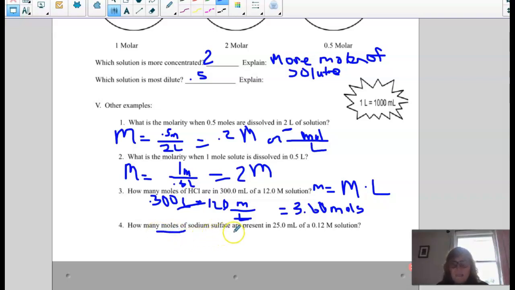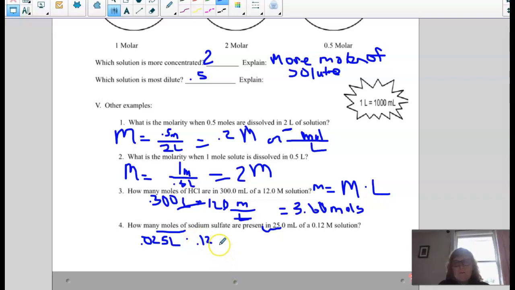Well, same setup. I need to change my 25 milliliters to liters. So I need to divide by 1,000. So I'm going to move my decimal 3 places to the left. So it's going to be 0.025 liters. And I'm going to multiply it by 0.2 moles per liter.